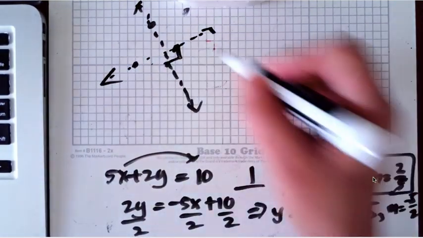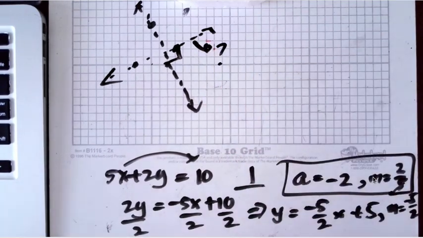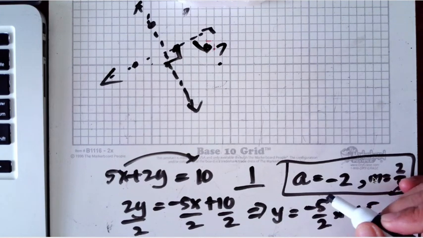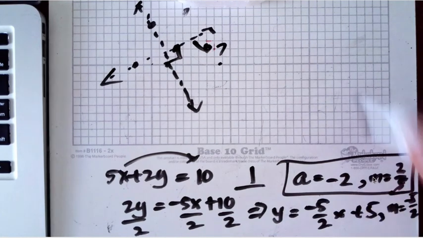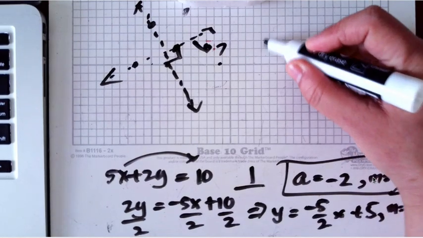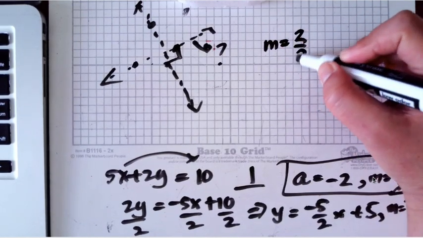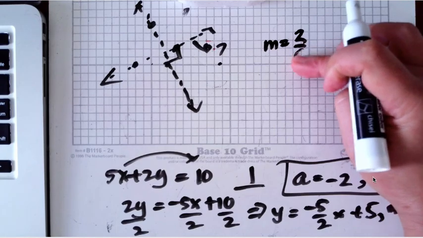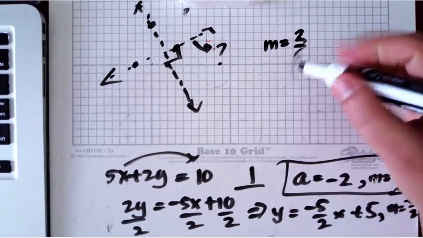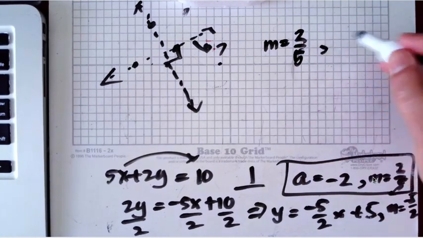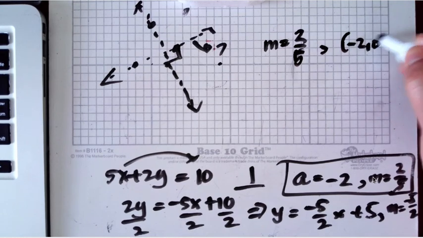Now we are trying to find the equation of this line. Since x equals -2 is actually a point, because this is an x-intercept, that means your y is 0. So the equation that we are looking for has a slope of 2 over 5, and it passes through the point (-2, 0).